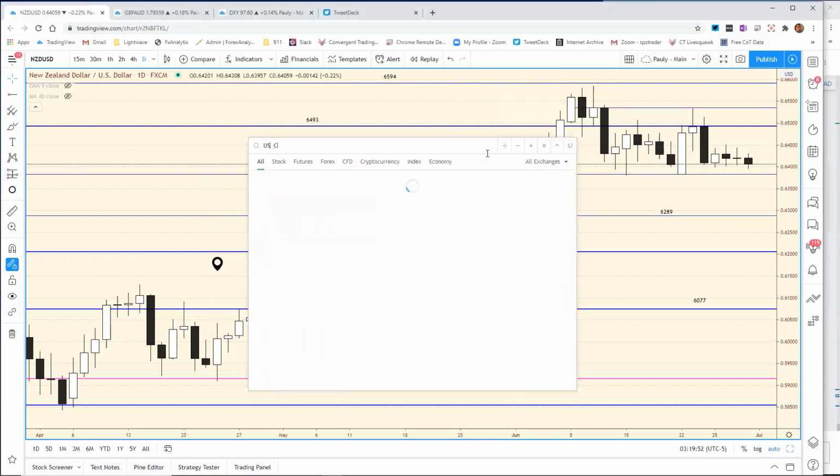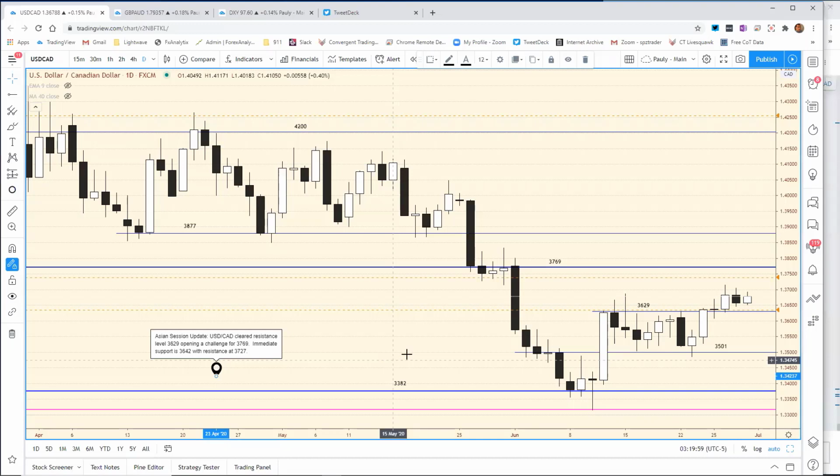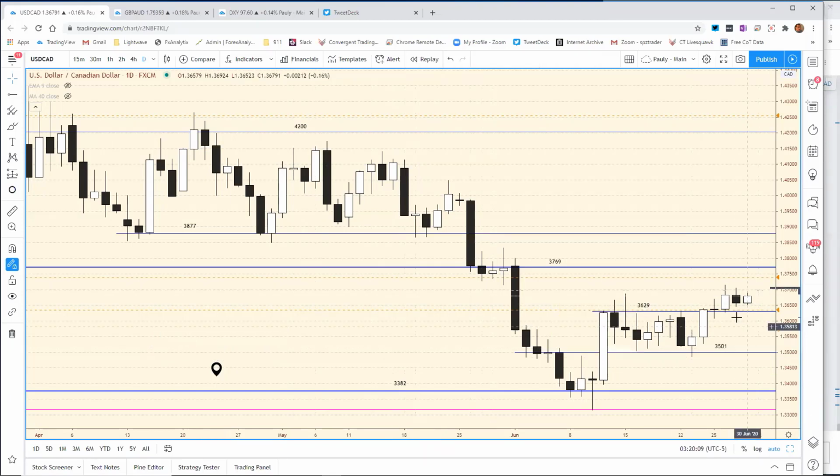Moving on to the dollar CAD. The dollar CAD cleared a resistance level, and I don't know why I didn't save it, it didn't save the data from here. But let me pull up the analysis from my notes. It ticks me off that I didn't save them.